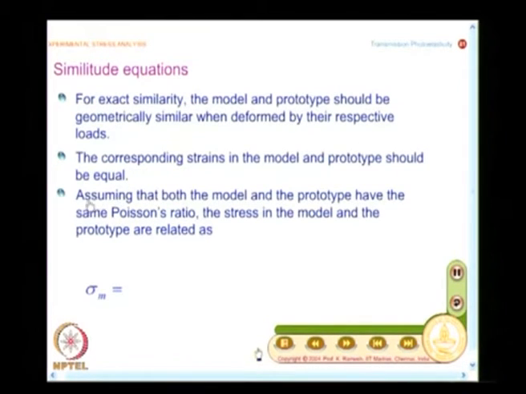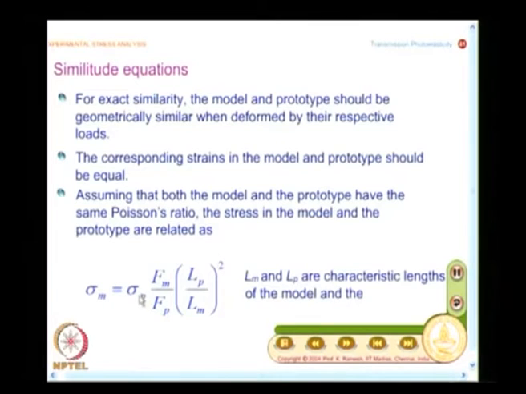And I said in all experimentation Poisson's ratio is a nuisance. Assuming that both the model and the prototype have the same Poisson's ratio, the stress in the model and the prototype are related. I have a symbolism where the suffix denotes whether it is a model or a prototype: M denotes the model, and P is your actual prototype.